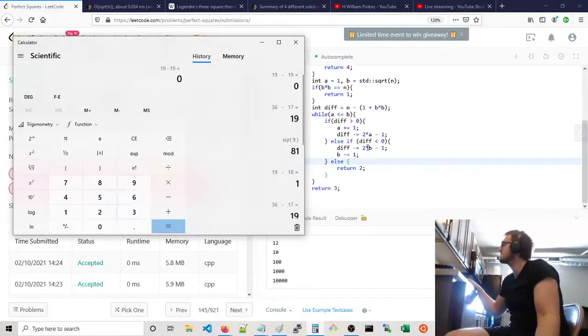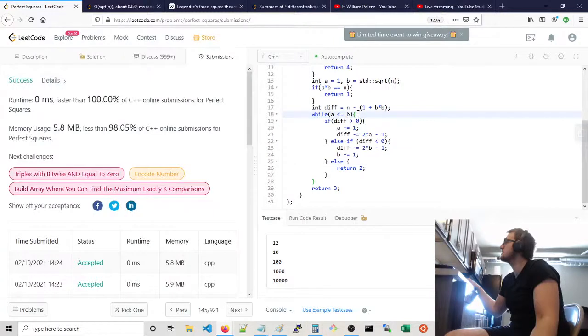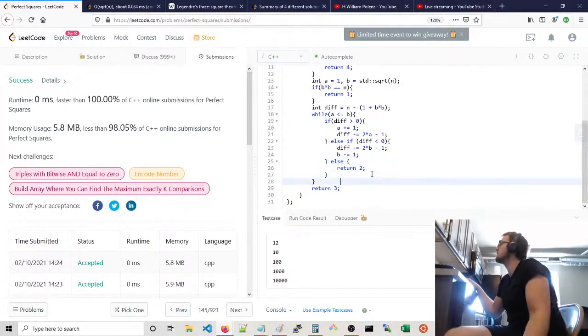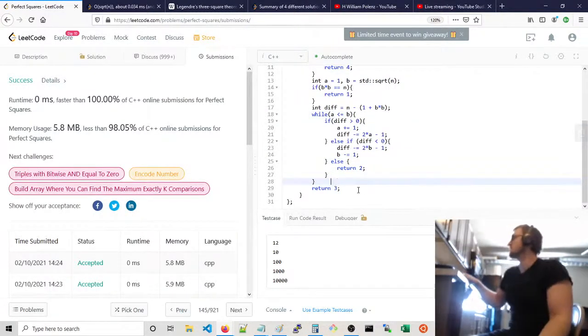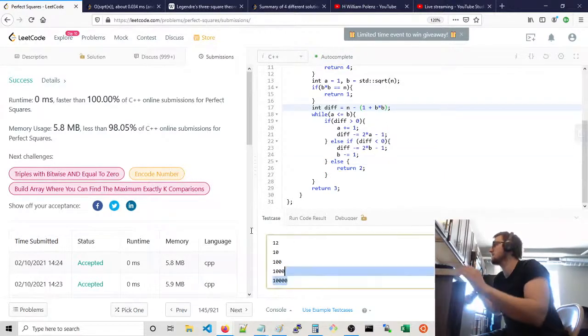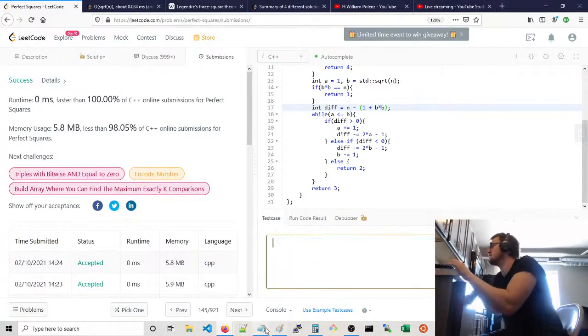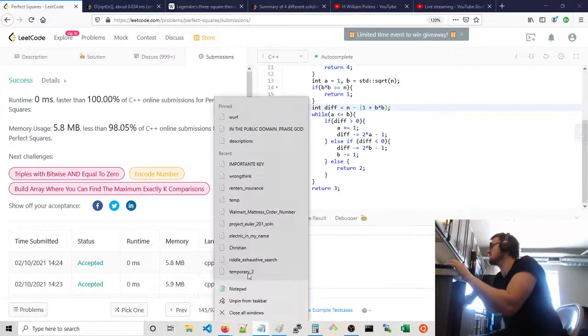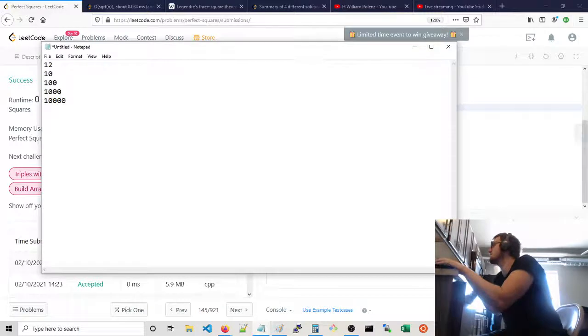We got 30 squared, 10 squared, difference, A is less than or equal to B. And that should have been it. We should have returned 2 right here. What happened? What happened in this case? 1,000. 1,000.